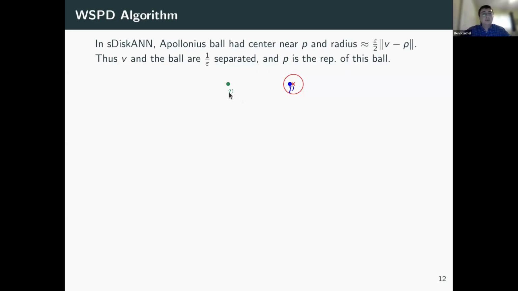It's saying the point V against this red ball around P, well, they're well-separated sets. That's what it's saying. It's saying V is well separated from the red ball, which means that when I earlier deleted the edges from V to everything in the ball except for P, what I did is just say P is the representative in that well-separated pair, and I just connected to the representative.